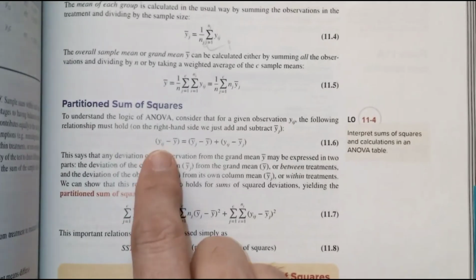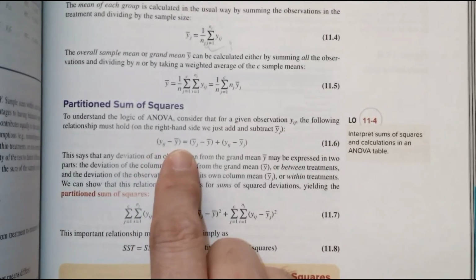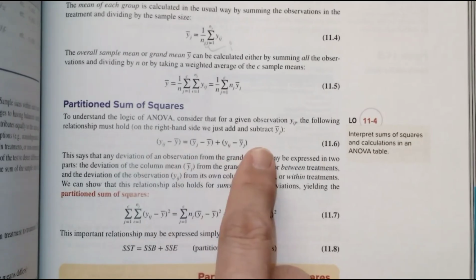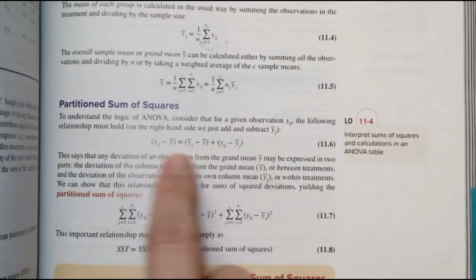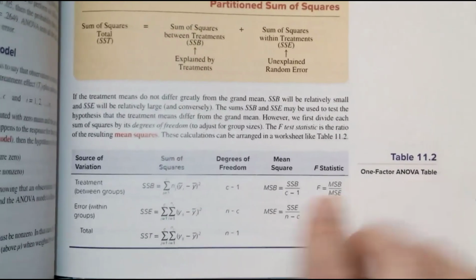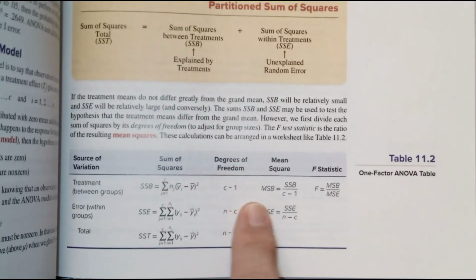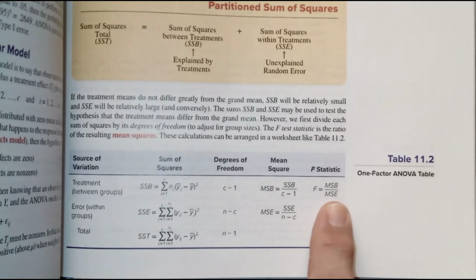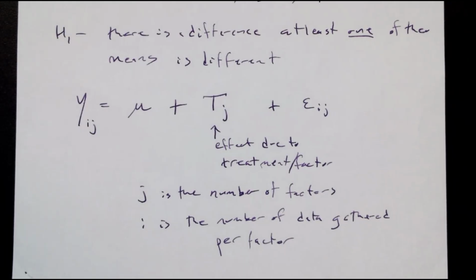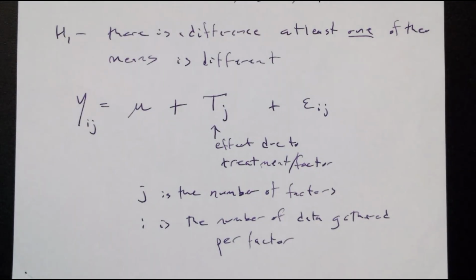I then think of the error between each observation and that overall average as the part that's related to the factor and the part that's just random error. And then I've got to do, literally, a whole bunch of summation and degrees of freedom, and I end up with an F value. I am never, ever going to do this by hand.